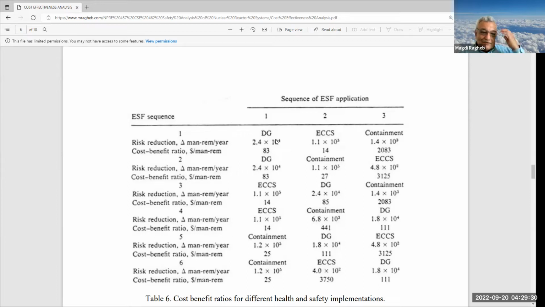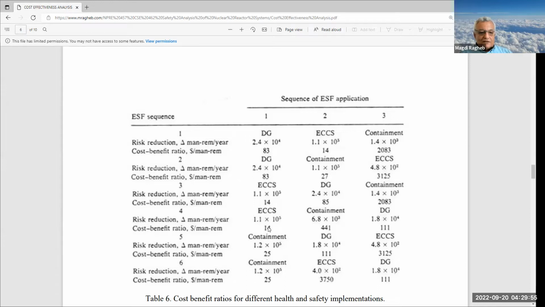So here, what they do in practice is generate a matrix where you add different options in different ways. And if you have 3 different options, the emergency core cooling system that we considered earlier, adding diesel generators, that's DG stands for diesel generators, and or adding a containment to surround the whole structure.